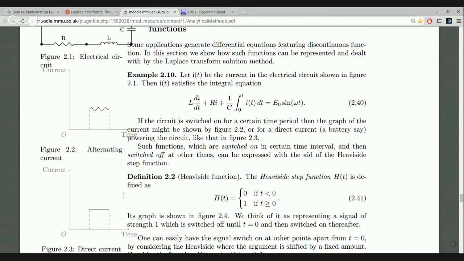Okay. So what we want here is some nice mathematical way to describe signals or functions that are turned on and turned off at various times.